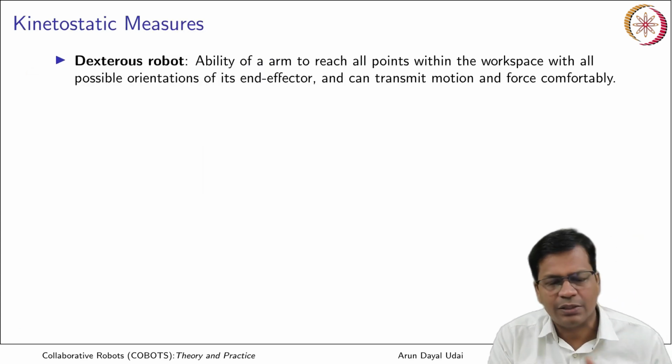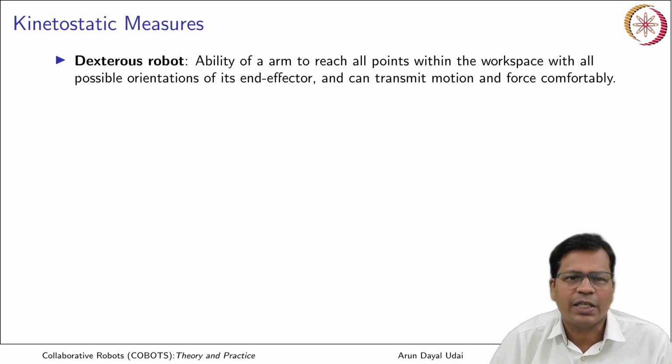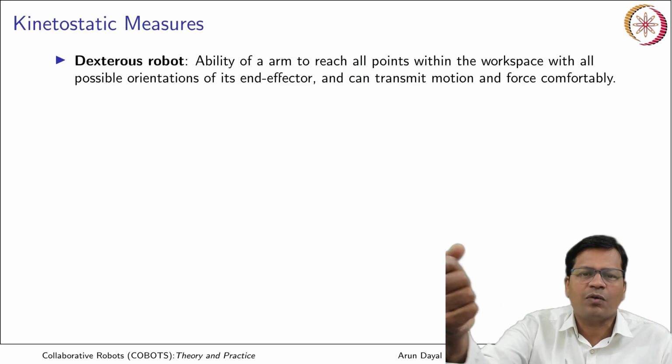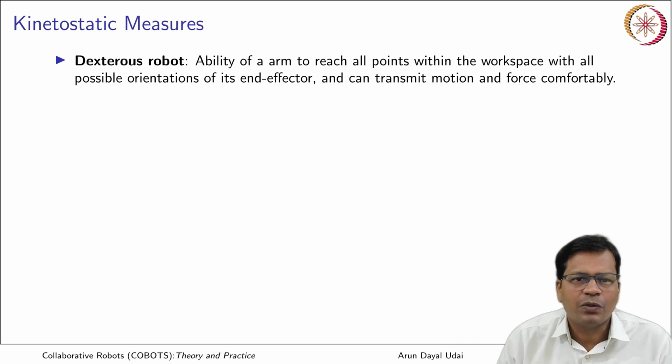What is a dexterous robot? Dexterity is the ability of the arm to reach all points within the workspace with all possible orientations of its end effector. So you reach somewhere, you can orient any way, you can do whatever you want over here or anywhere else, and can transmit motion and force comfortably.